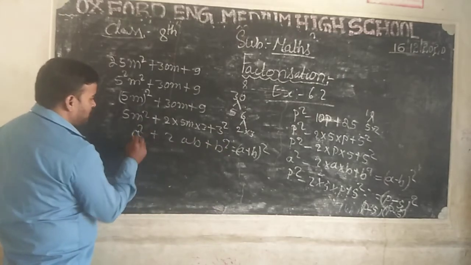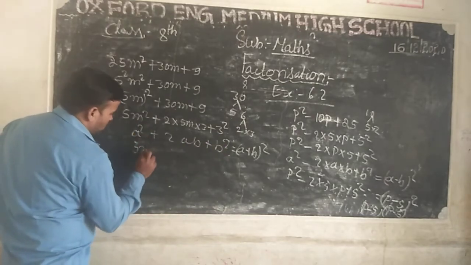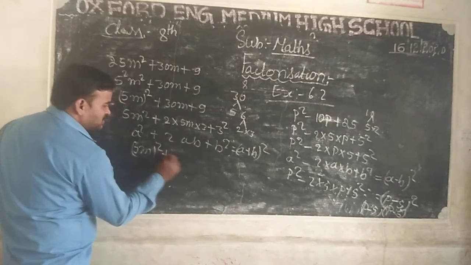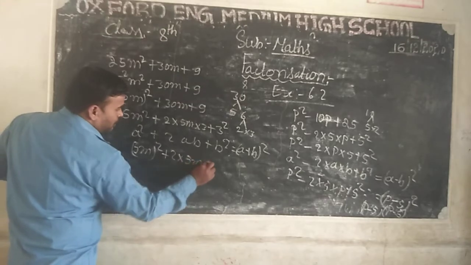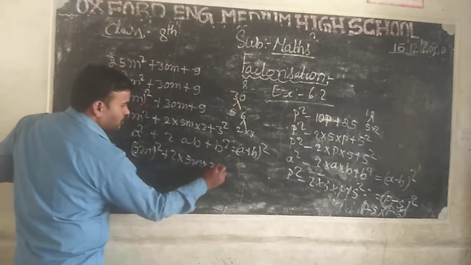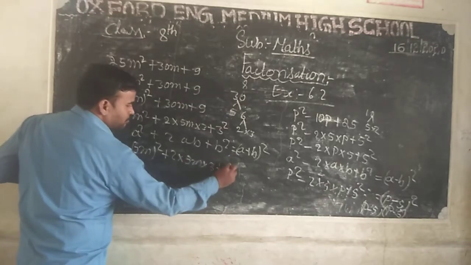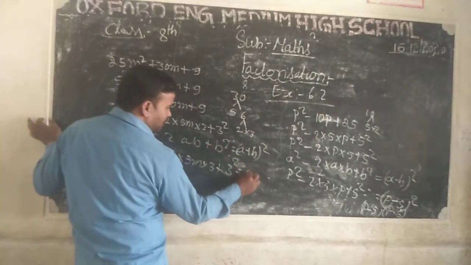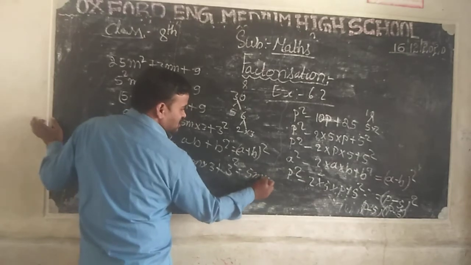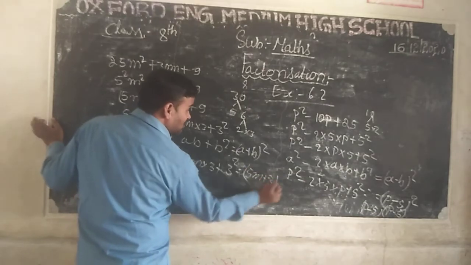Now you write instead of a, 5m whole square plus 2 into 5m into 3 plus 3 square is equal to 5m plus 3 whole square. That's all.